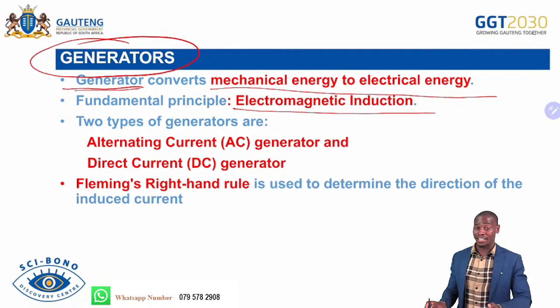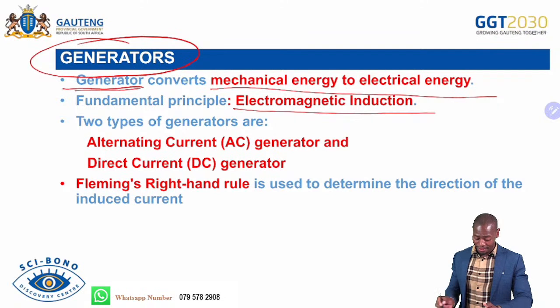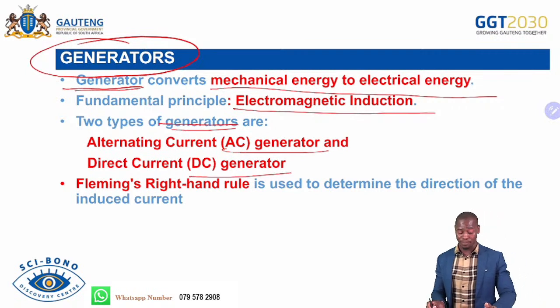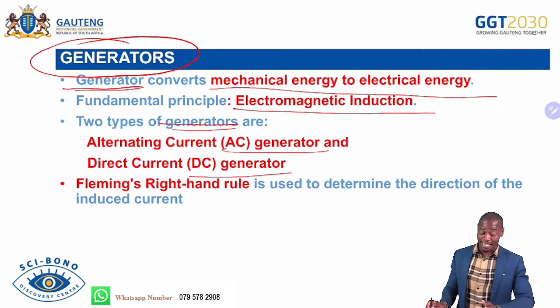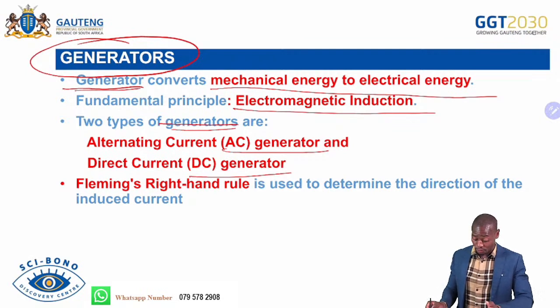So generators are based on electromagnetic induction. Then there are two types of generators, learners: the AC generator and the DC generator. AC stands for alternating current, and DC is direct current.